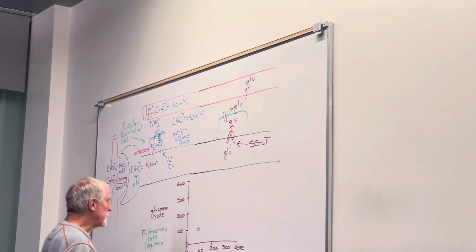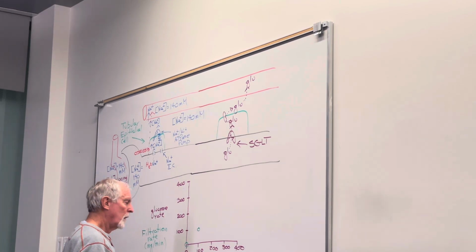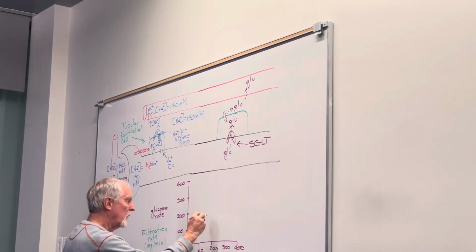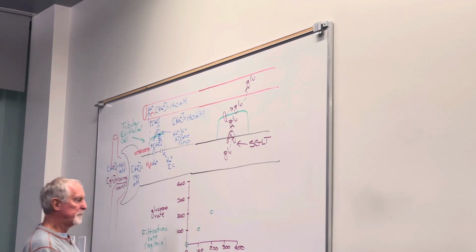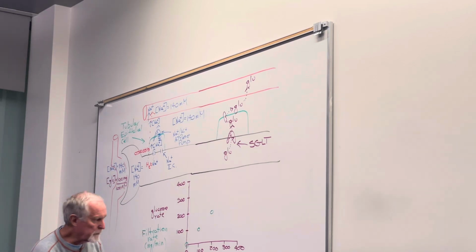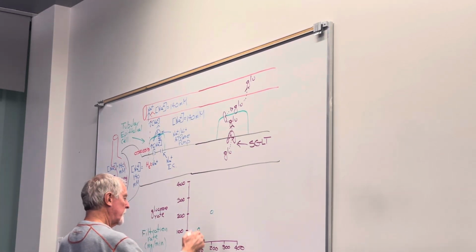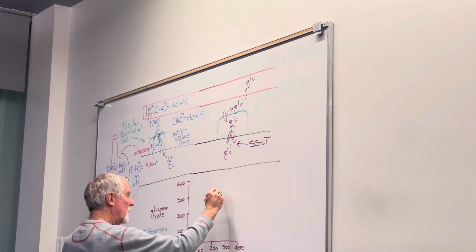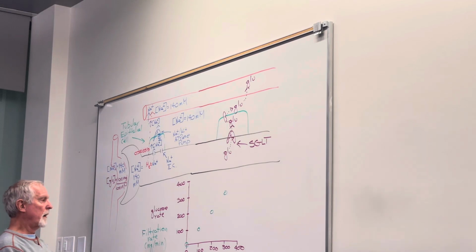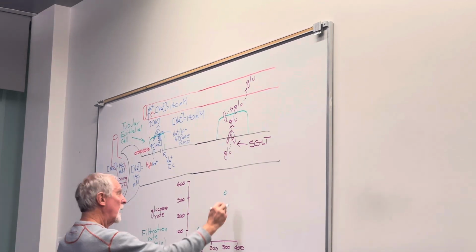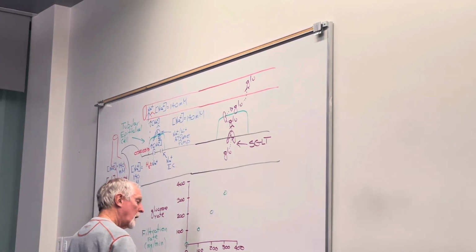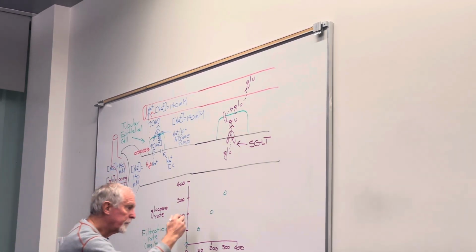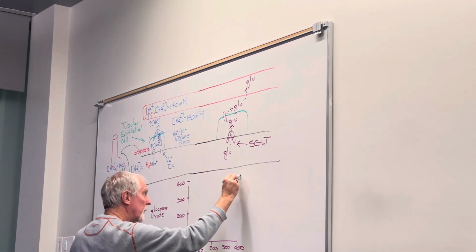If the concentration of glucose in the plasma is 200 milligrams per 100 mLs, then the filtration rate will be 200 milligrams per minute. If it's 300, then 300 milligrams per minute. And if it's 400 milligrams per 100 mLs, then the filtration rate will be 400 milligrams per minute.